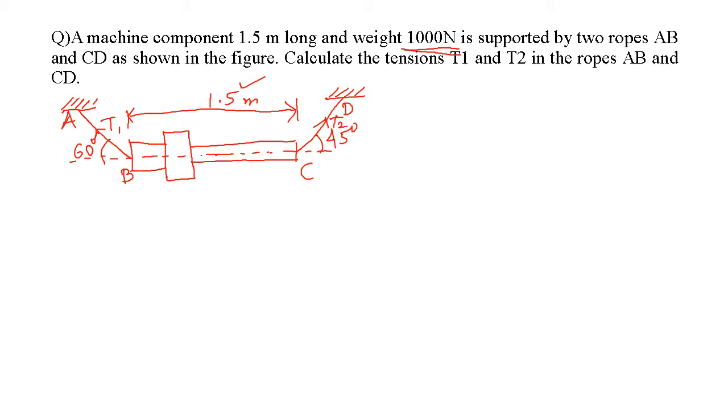The AB tension is T1 and the CD tension is T2. Now we have to calculate T1 and T2, that is, the tension values of the AB rope and the CD rope. How will we calculate? The weight given is W equal to 1000 Newton.